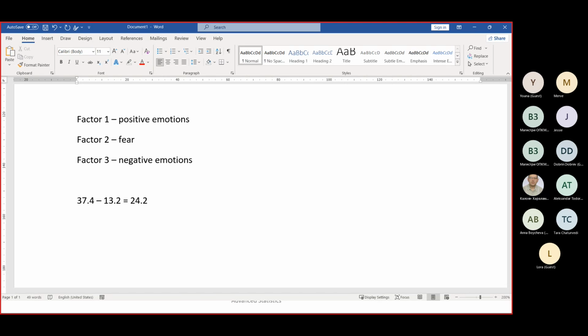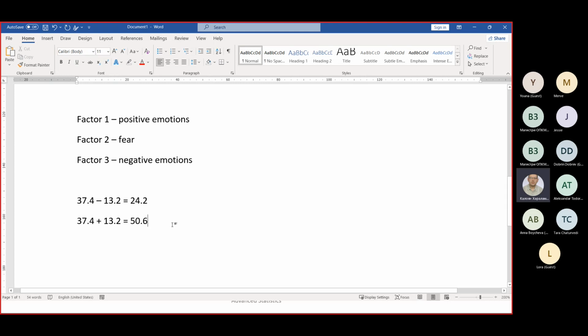And mean 37.4 plus standard deviation 13.2. The result is 50.6.